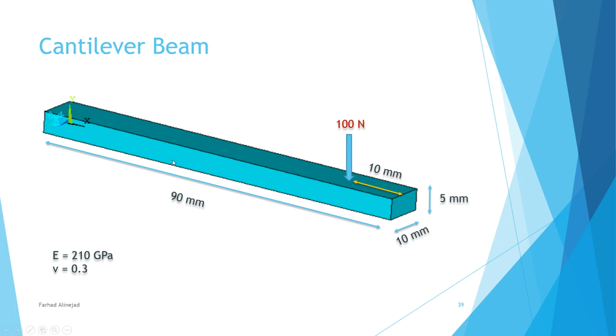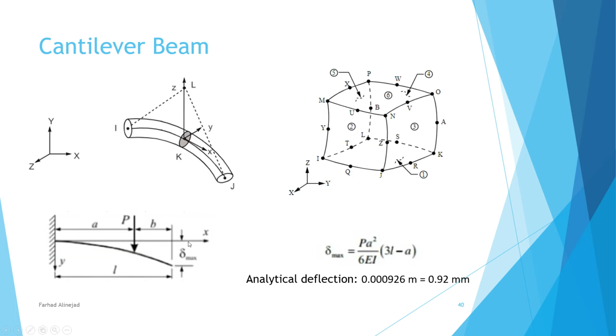The material of the beam is steel with the modulus of elasticity of this value, and the Poisson ratio is 0.3. So we are going to apply beam elements and also solid elements to this example.